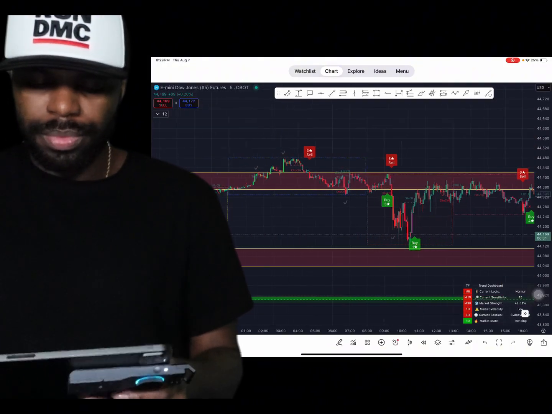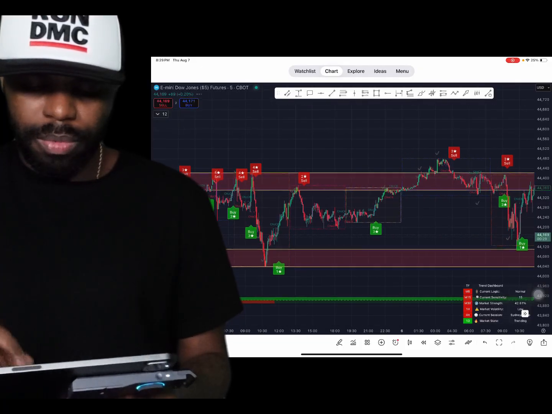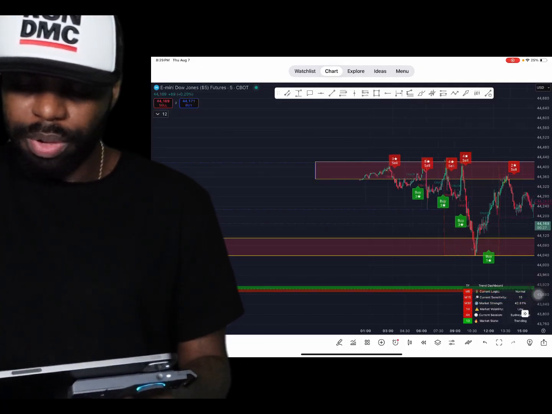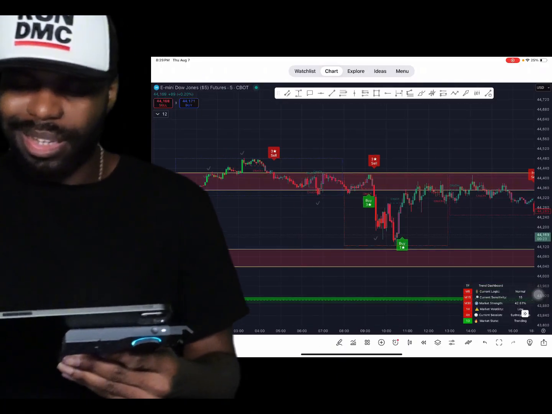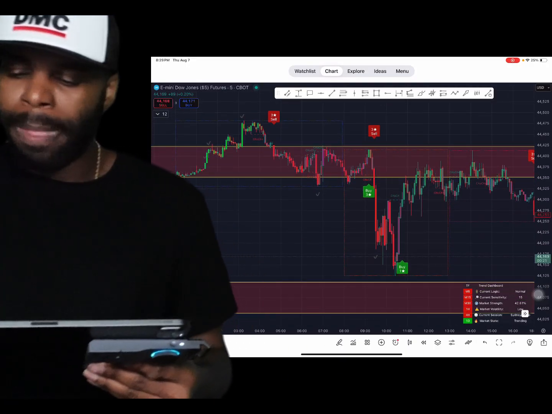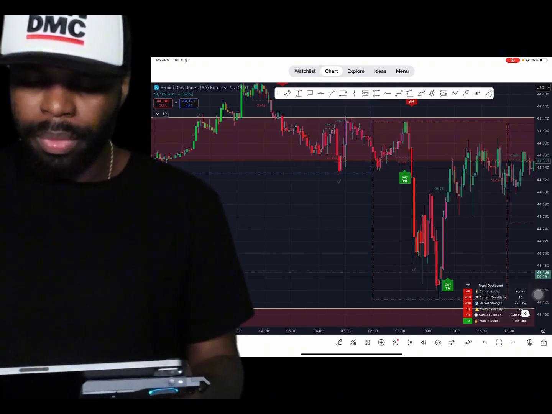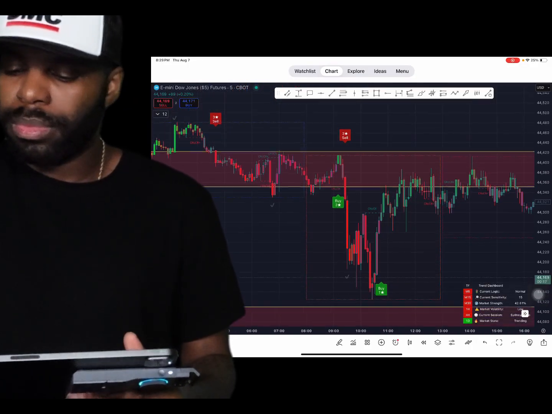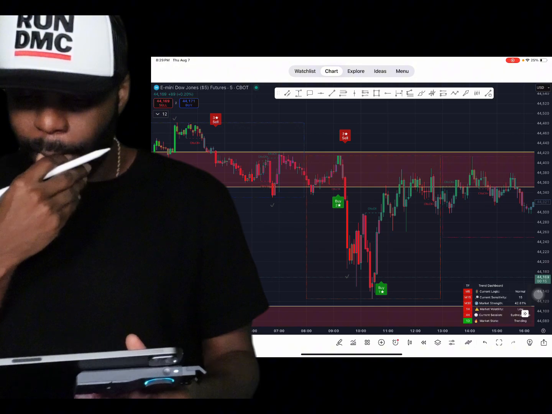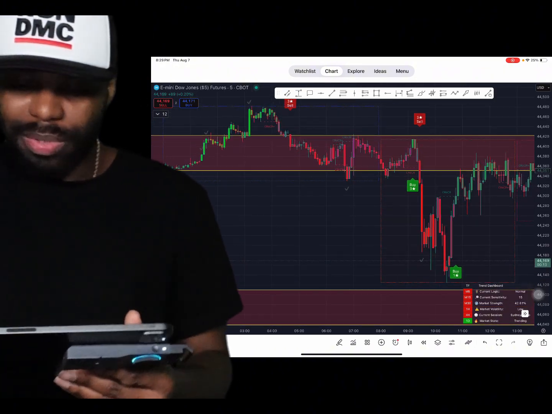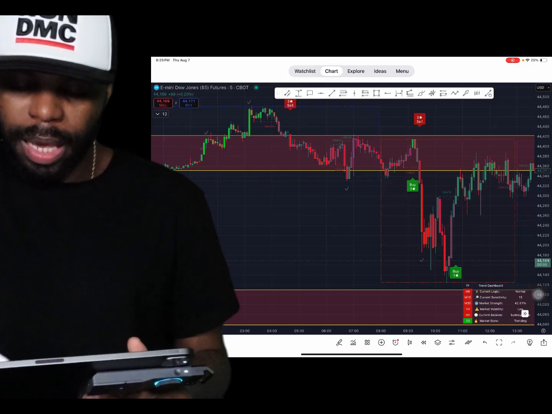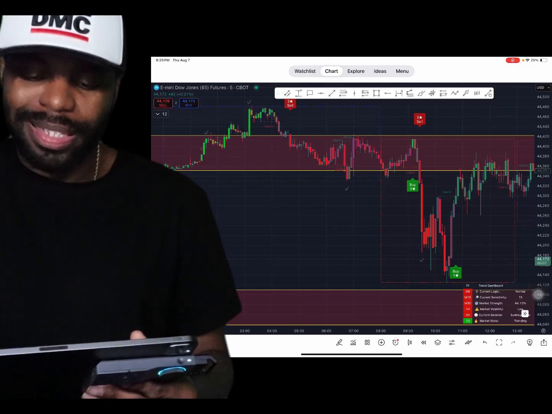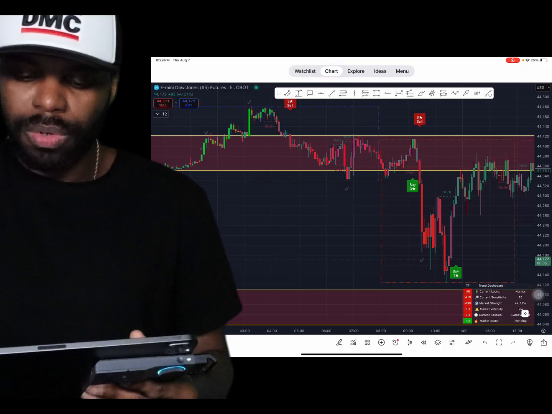Over here was the previous U.S. session. Now let's pretend that this is today's U.S. session, and we're going into today's U.S. session. You're seeing how powerful this is. Price came out of the zone and then retested the zone, back tested the zone, and then look at this.